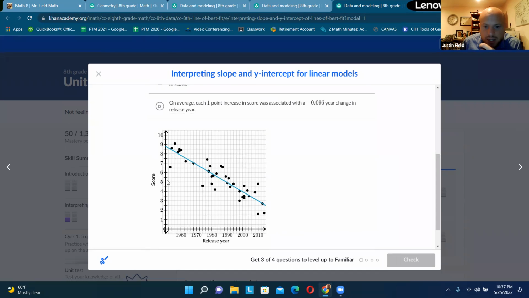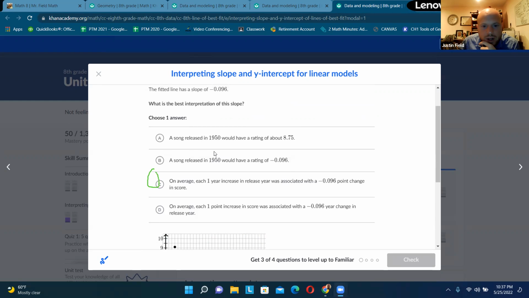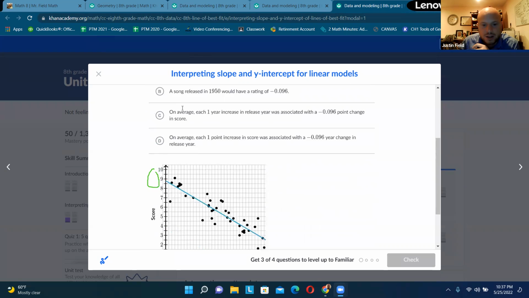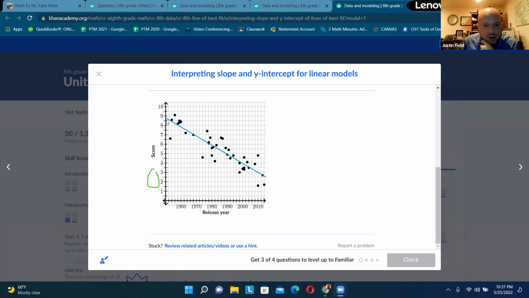Okay, so it's a negative slope, and the y-axis is a rating, 10 being good, 1 being not very good. And what is it asking them to rank? The songs. Okay, so we can see that his family liked the older songs, and as the songs got newer, they did not rank them as highly.